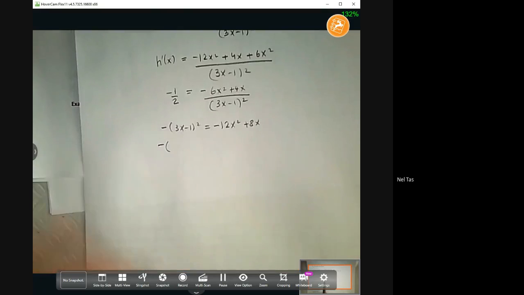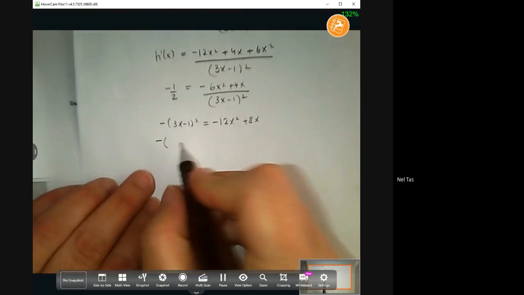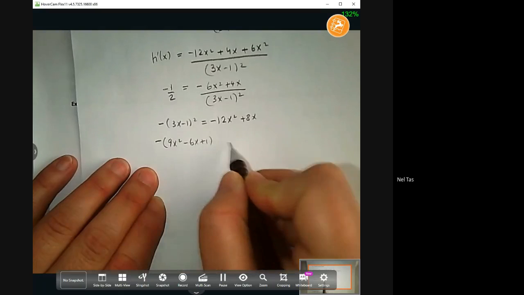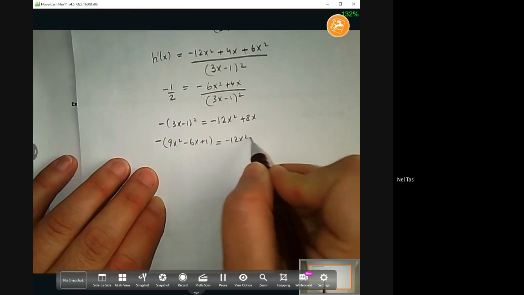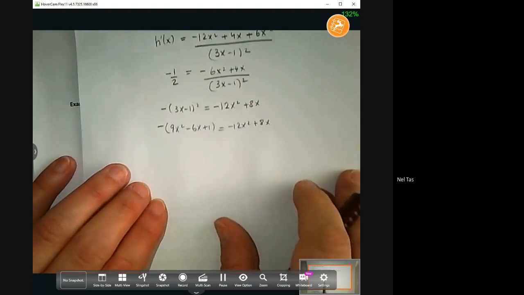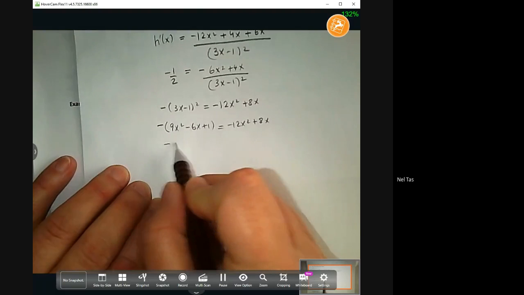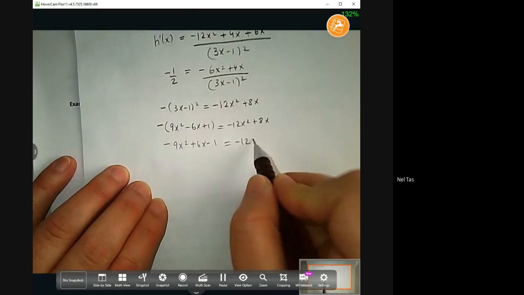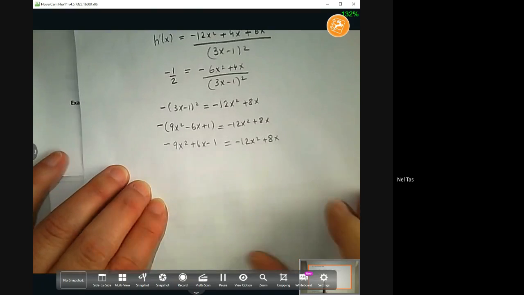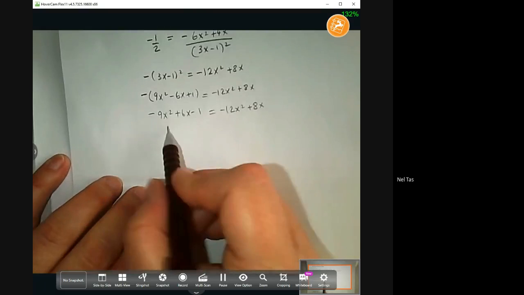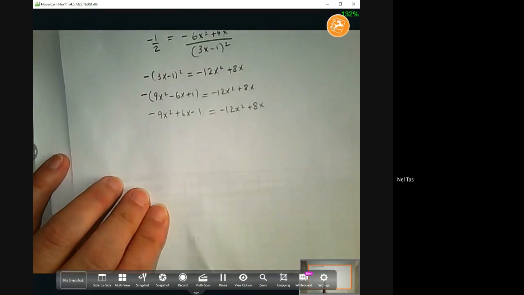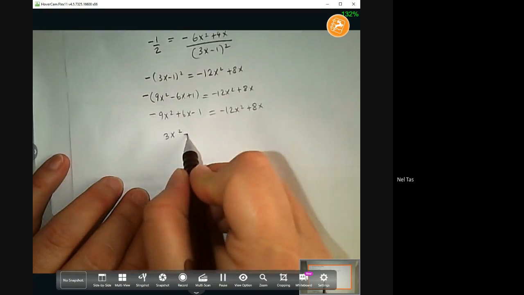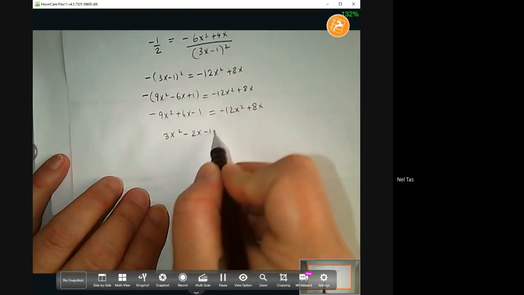So now expand this square, 3x minus 1 square, so 9x squared minus 6x plus 1. Distribute the negative sign, negative 9x squared plus 6x minus 1, negative 12x squared plus 8x. Let's collect everything on one side. So we get 3x squared, move this, minus 2x minus 1.